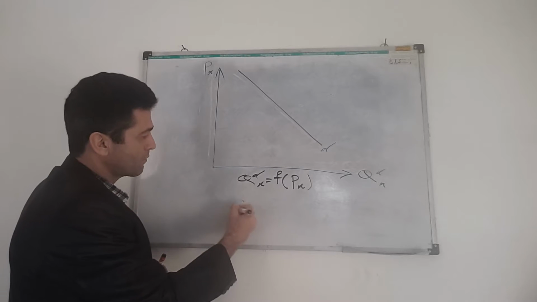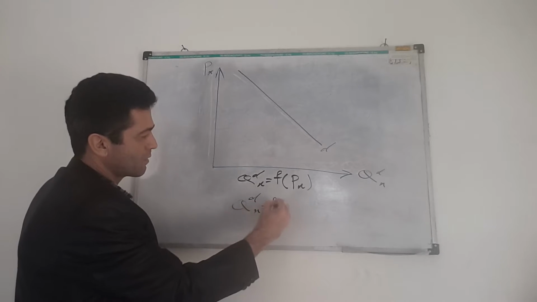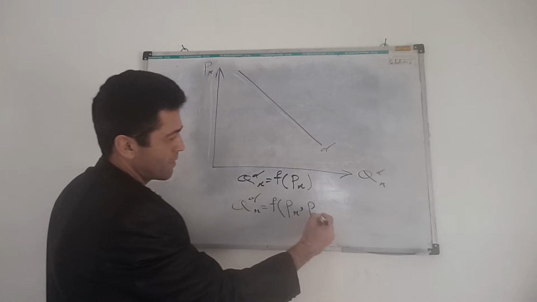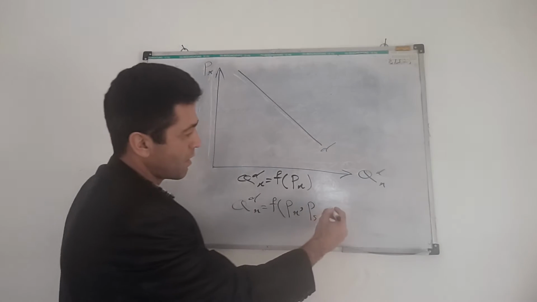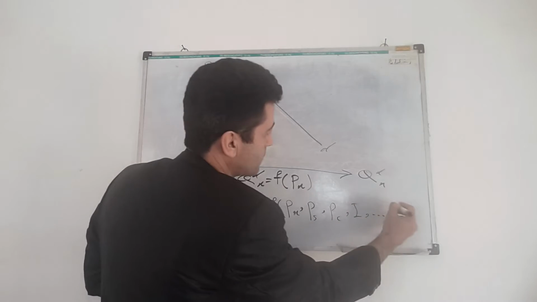In real life, quantity of demand for X depends on many factors such as the price of it, prices of substitute goods and services, prices of complementary goods and services, personal income, and so on.